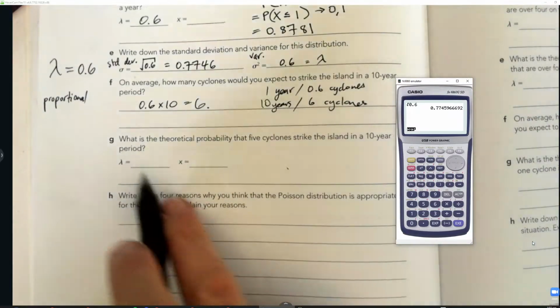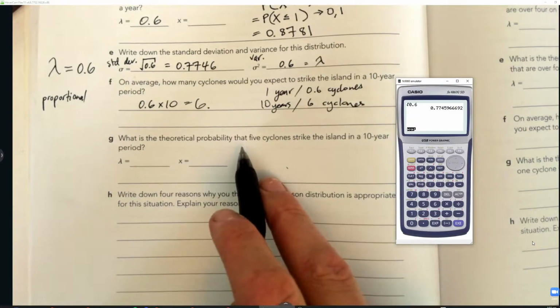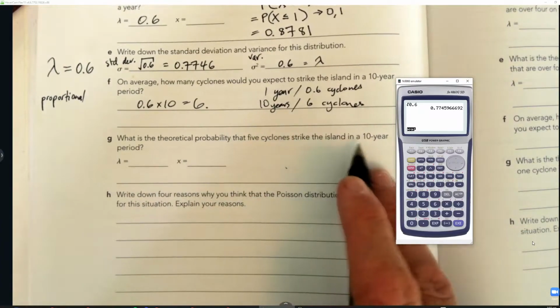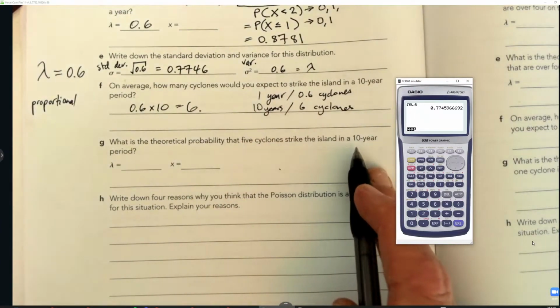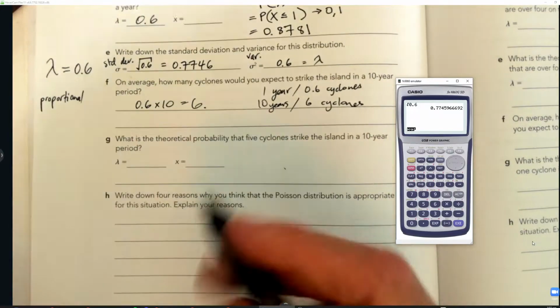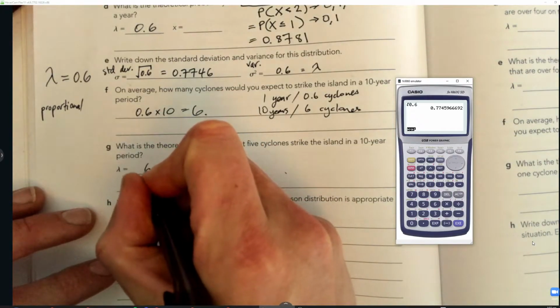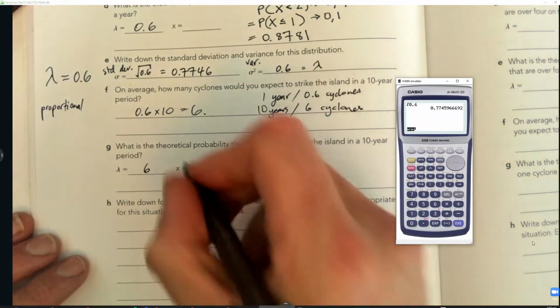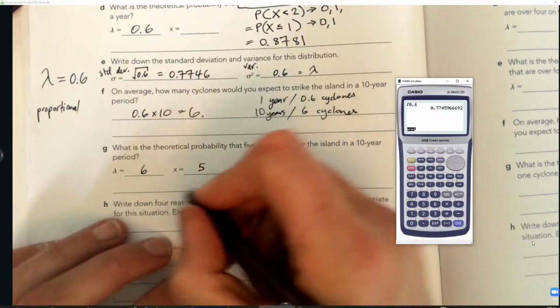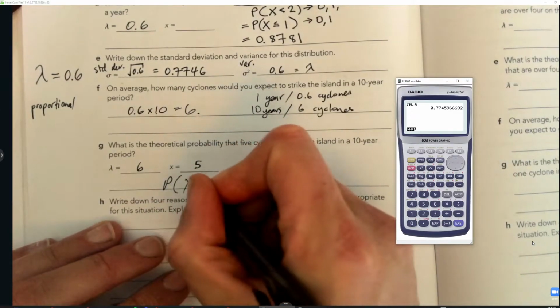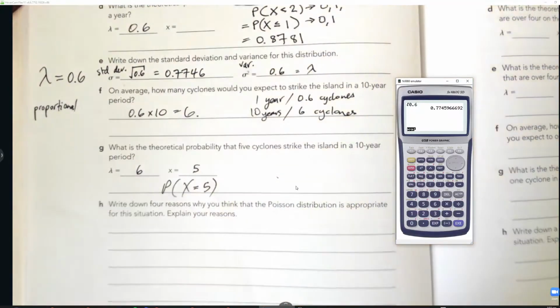Okay, what is the theoretical probability that 5 cyclones strike the island in a 10-year period? So we're going to use that same proportional rule. So lambda is going to be 6 now, and we're looking at x is 5. So P(x = 5), the point.